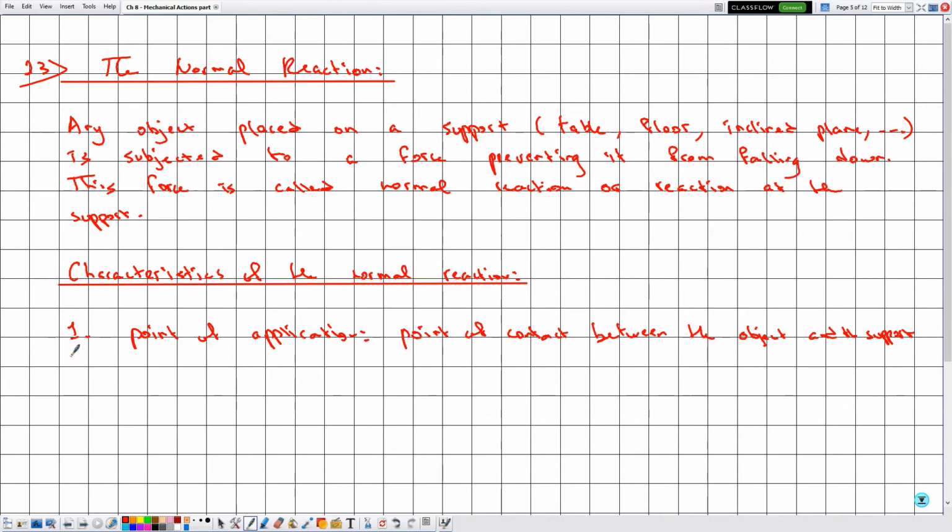Now as for idea number 2, which is the line of action, it will always be perpendicular to the support. During the problem we will specify whether it's vertical, horizontal or oblique, but the thing that is fixed is that it is perpendicular to the support.